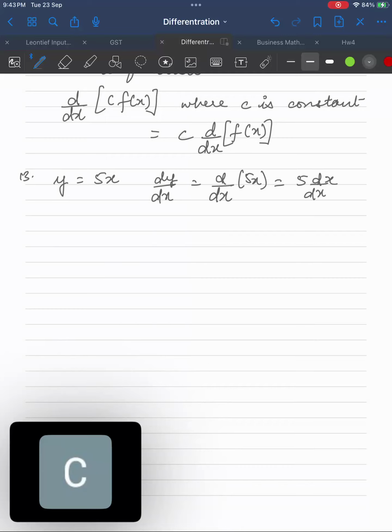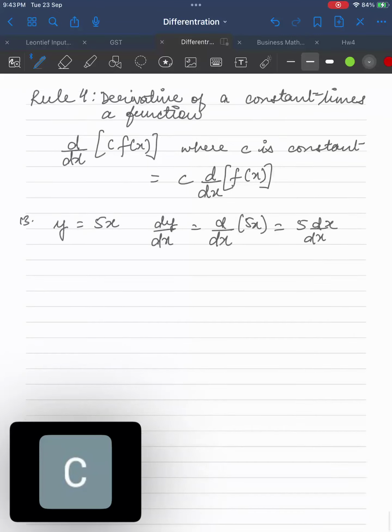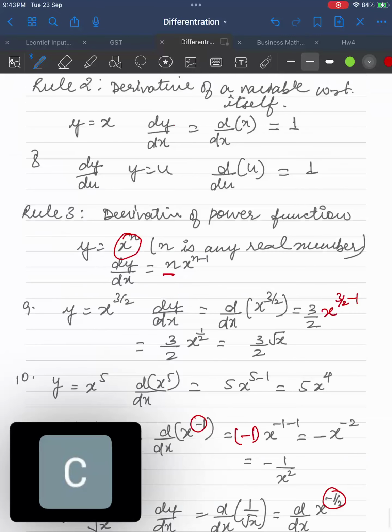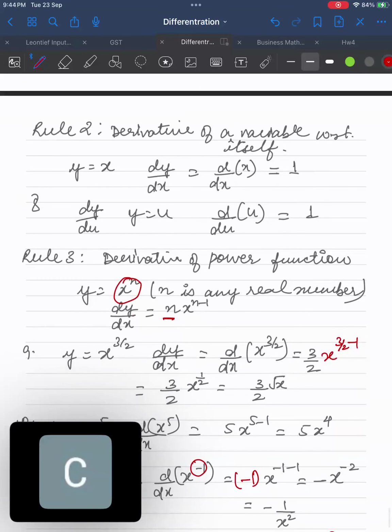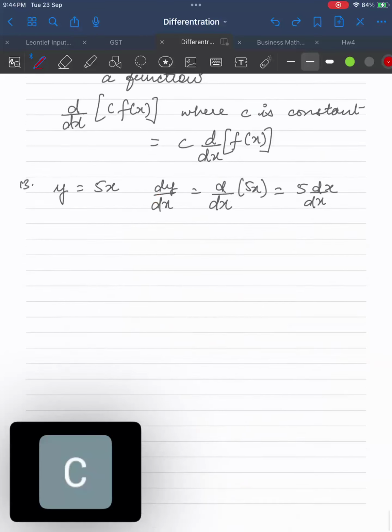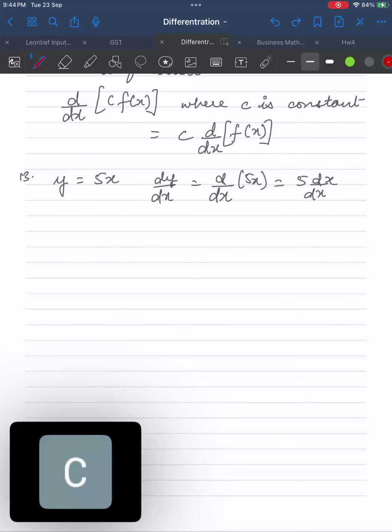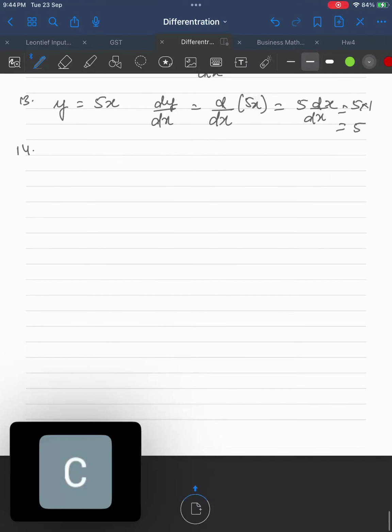And we know dx upon dx would be 1, as per the previous rule, the derivative of the variable itself is 1. So it becomes 5 into 1, that comes out to be 5. Easy.